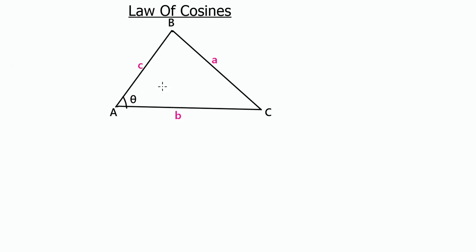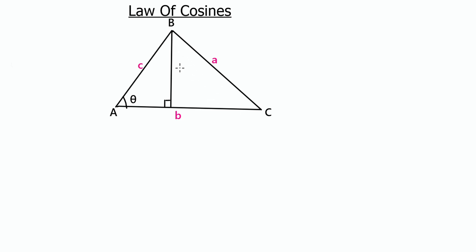So let's understand the relation between a, b and c. For that, we are going to draw a perpendicular from the vertex B on the side AC. This is 90 degrees.